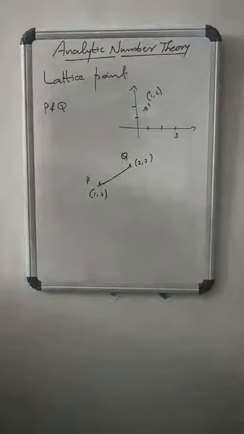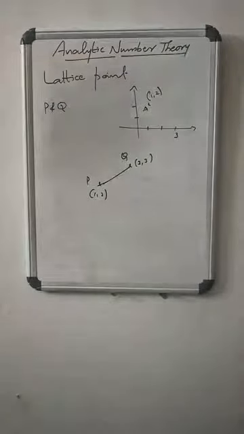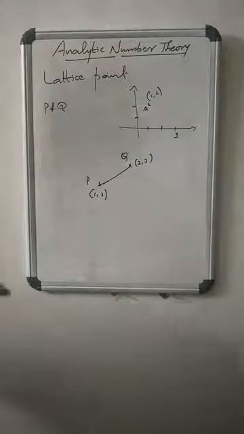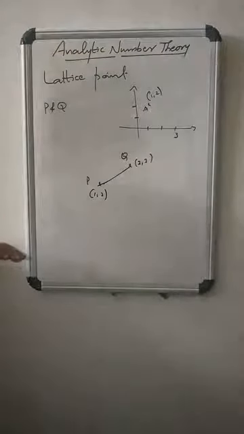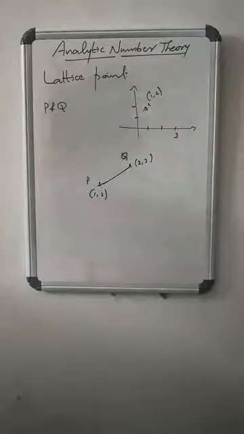Two lattice points P and Q are said to be mutually visible only if the line segment joining P and Q contains no other lattice points except P and Q. Agree?